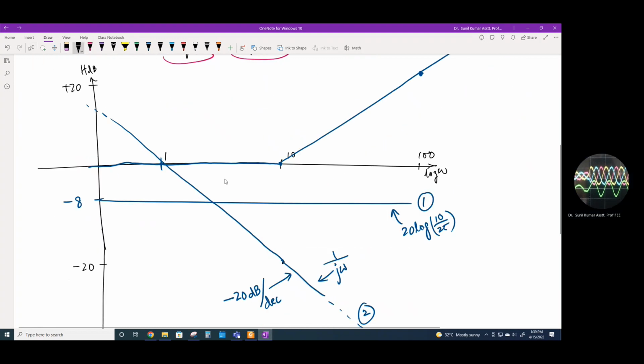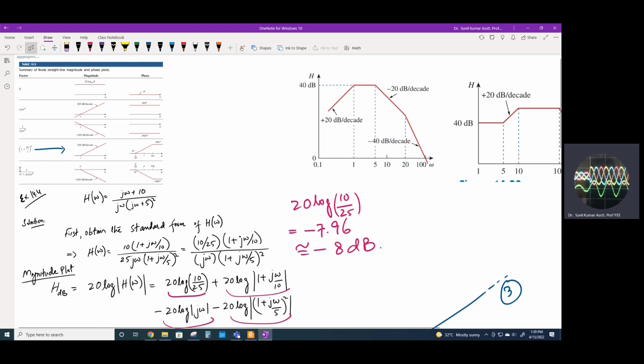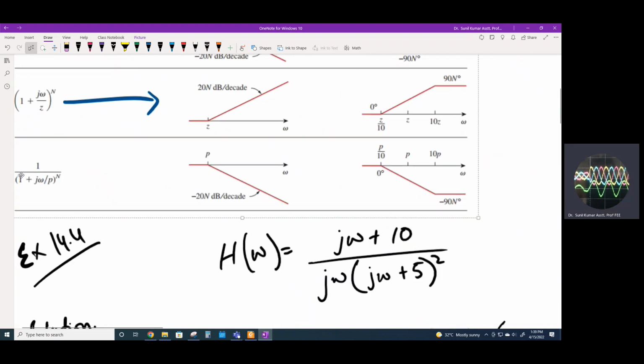So let's say I have a 5 here and maybe 50 somewhere here. So I have a pole at omega equals 5 and this factor is squared. That means the value of n is 2.